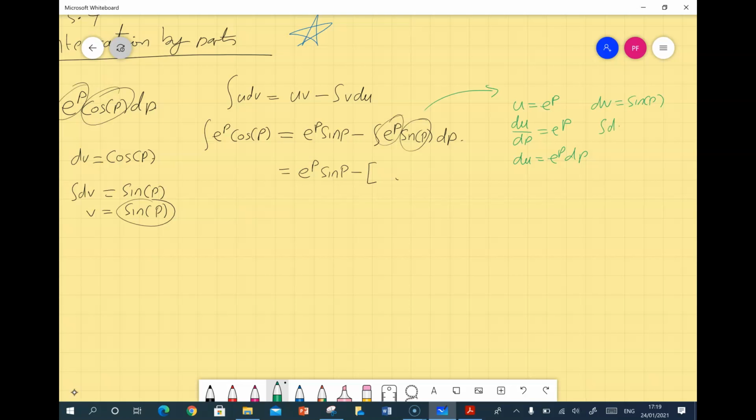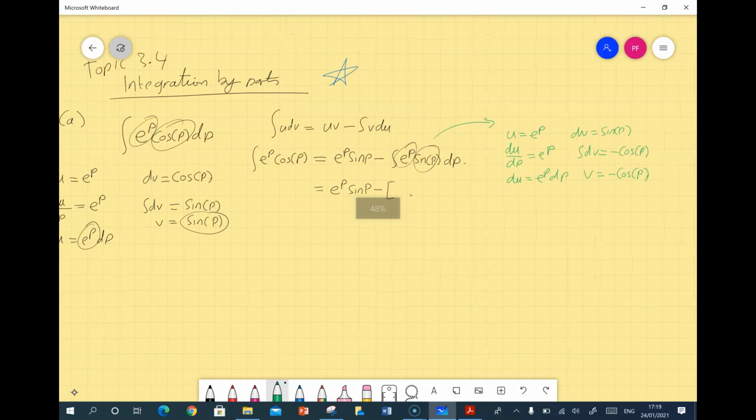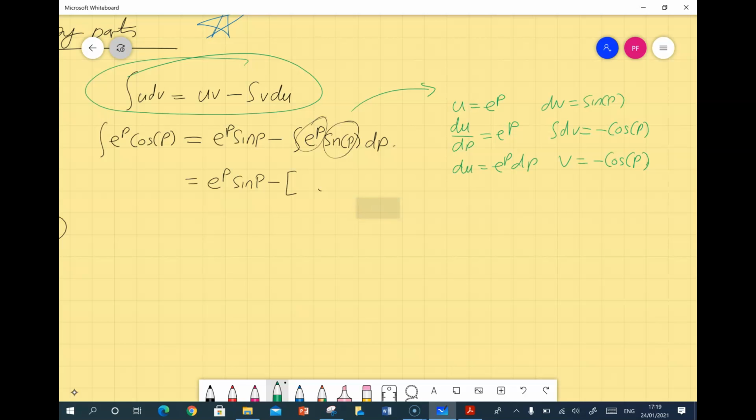Now the integral of dv of sine is minus cosine of p. So v is minus cosine of p. So again, we'll use our integration by parts formula to solve that integral. So I've got to do u times v. So minus e to the power of p cos of p.